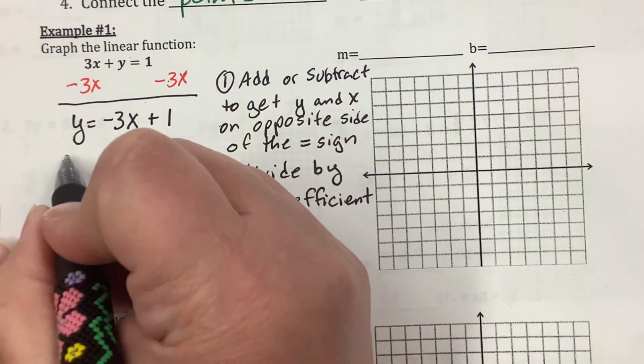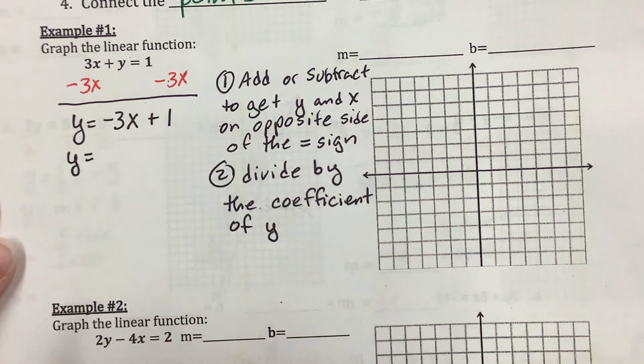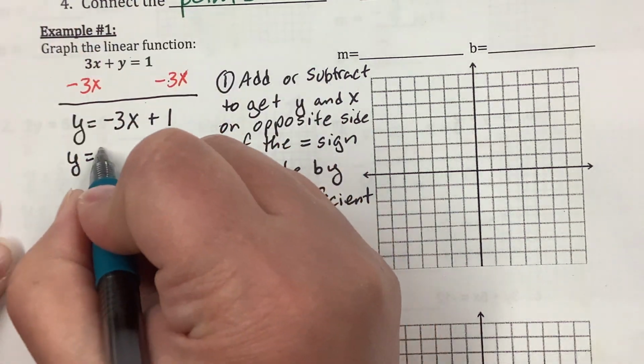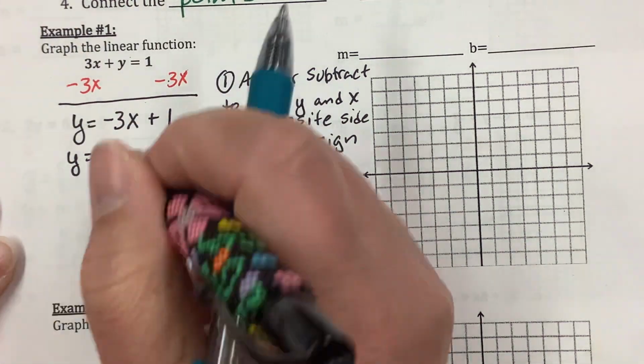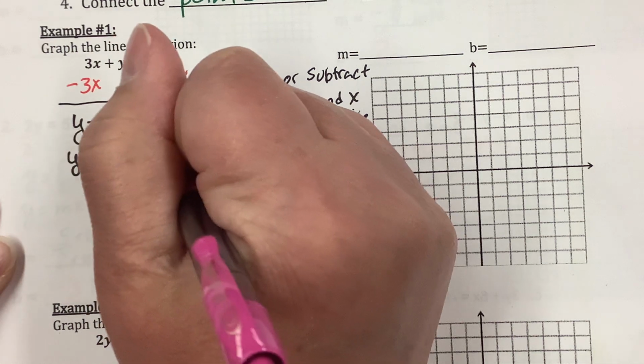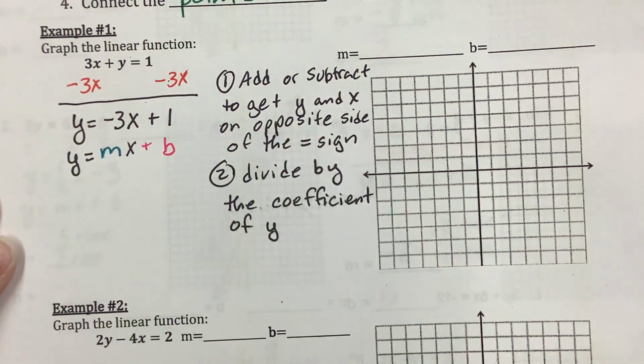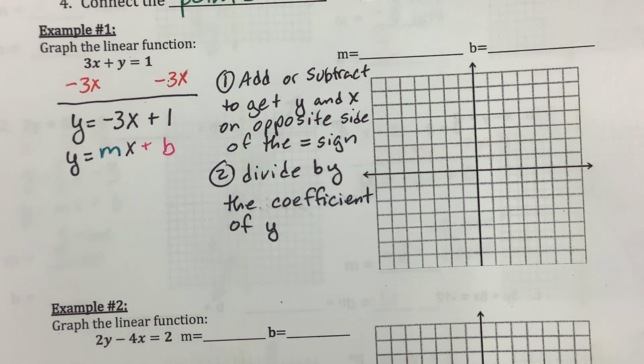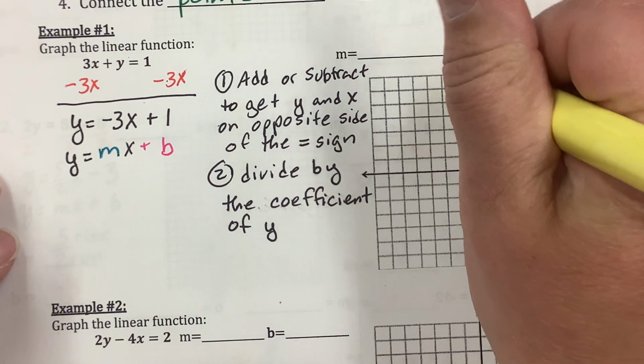Because you want to have it in y equals mx plus b. And b is where you begin. Begin at 1. That's the y-intercept. So guess what? I'm going to highlight the y. Here we go.